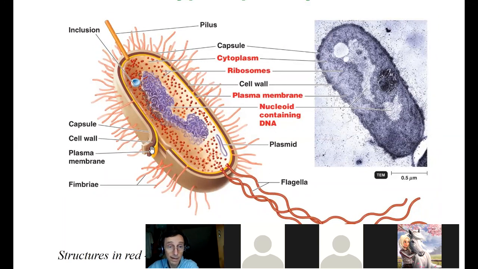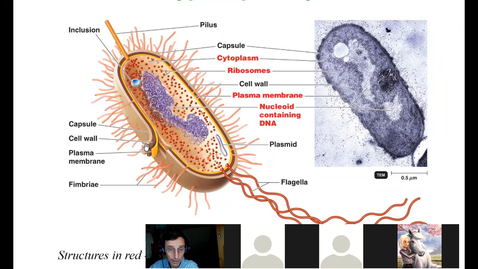And then outside the cell wall is the capsule. Remember that not all cells have a capsule. Only some of them do, and if we can see it under the light microscope, we call it a capsule. It is a structure that has other molecules in it besides water. If you can't see it under the light microscope, but there is a glycocalyx outside the cell wall, then we call it a slime layer.